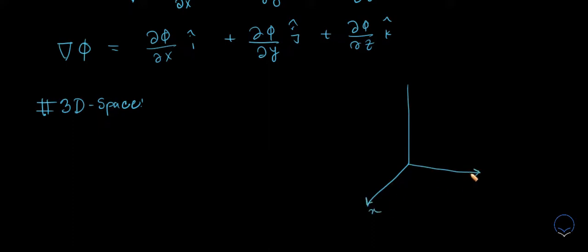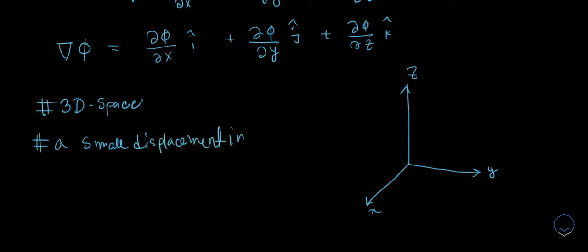Let's say this is our x, this is our y, and this is our z axis. Then we are going to consider a small displacement in this 3D space. It's also known as the Cartesian 3D space.